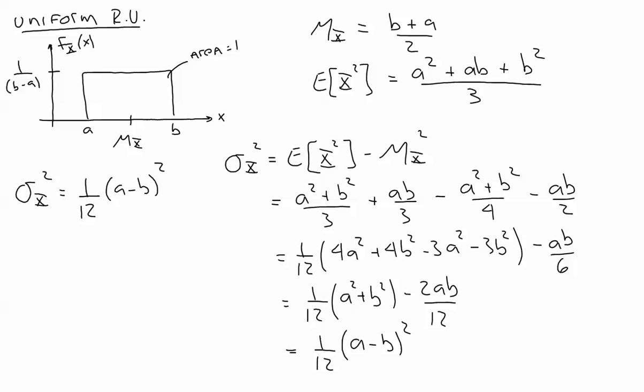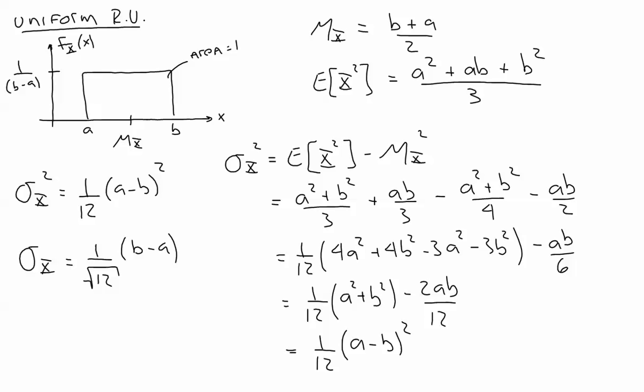A minus b squared. And my standard deviation is just the square root of that. It's going to be 1 over square root of 12 a minus b. I guess probably I need to switch that around, b minus a. It's going to be a positive value. Okay? So that's it.